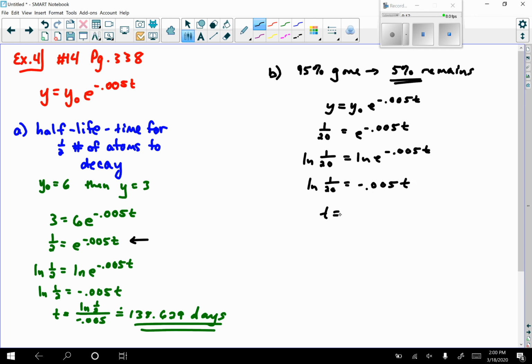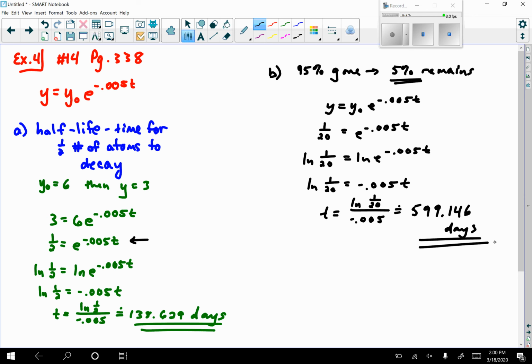So the exact answer here is t is equal to the natural log of 1/20th over negative 0.005, or approximately, pause again if you want to type it into your calculator, 599.146 days for 95% of this element to be gone, and afterwards it will not be useful to us.